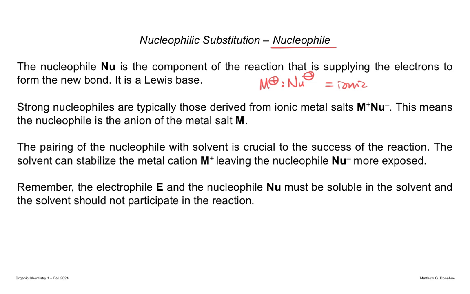So it's an ionic compound. For the most part, all of the nucleophiles will be soluble, even though they have that ionic bond. They are soluble for the most part in the solvents we listed.